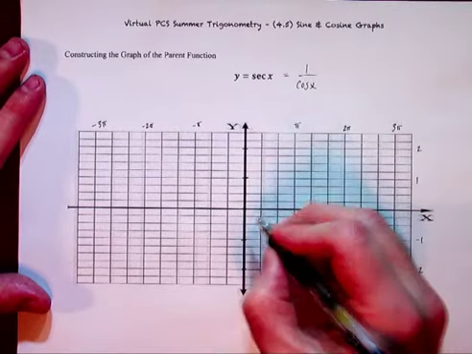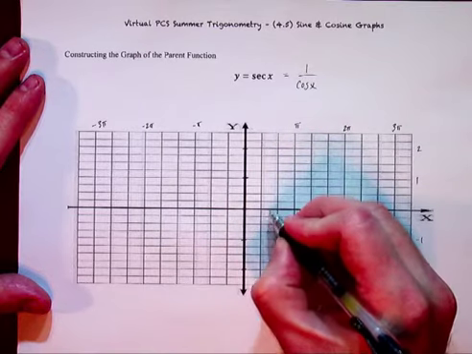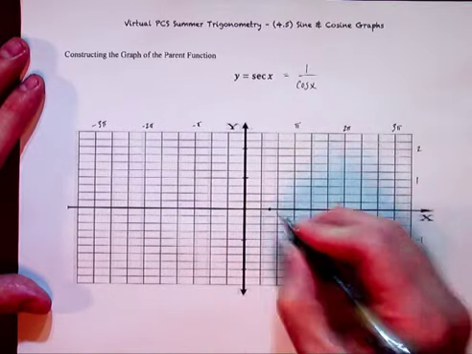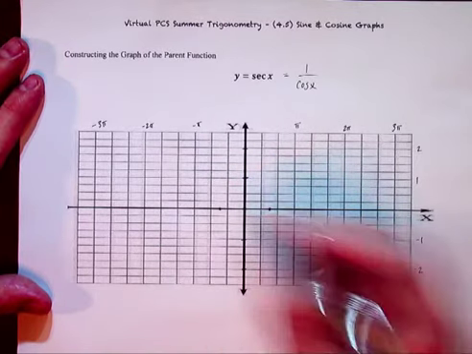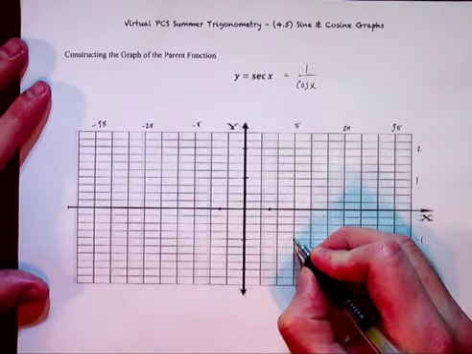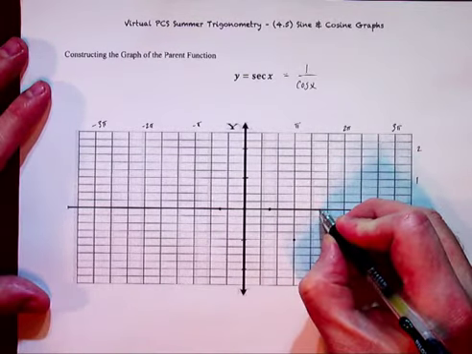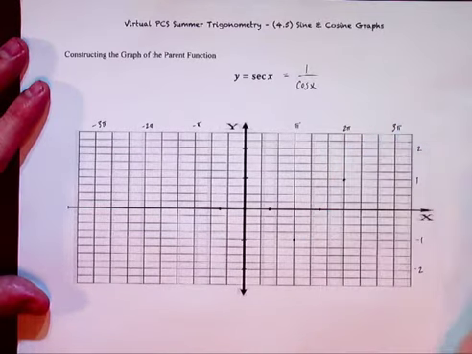Okay, now cosine starts up here at (0, 1), and we know that it has an x-intercept at pi over 2 and negative pi over 2. It comes down to its minimum at pi, which is negative 1, comes back up through 3 pi over 2, and achieves a maximum again at 2 pi.